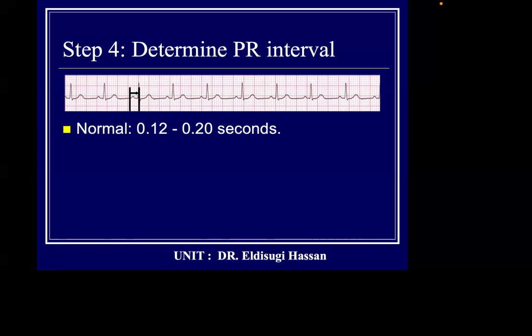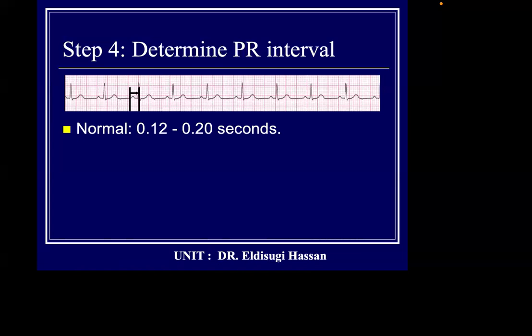That is, the PR interval is usually around 1 large box in the ECG. If it is longer than this, this is a prolonged PR interval. And if it is shorter than 0.12 seconds, this is a short PR interval. And we see a short PR interval in what conditions?